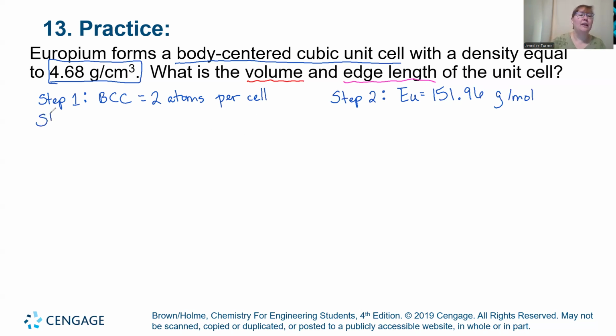Now, our step 3 is to use our density to determine how many atoms are in a single cubic centimeter. And so we do that by saying, okay, we have 4.68 grams per centimeter cubed. And then we're going to use our molar mass, and that's 151.96 grams per mole.